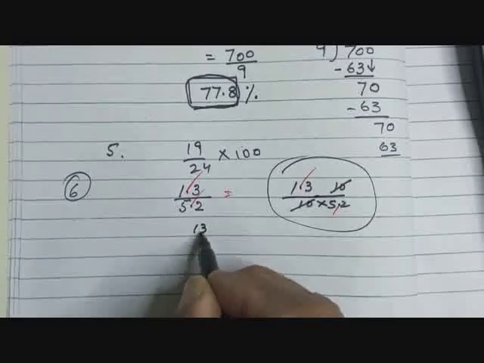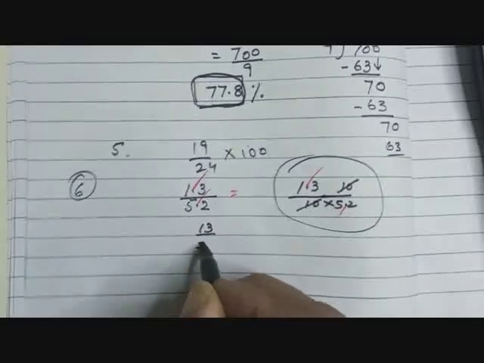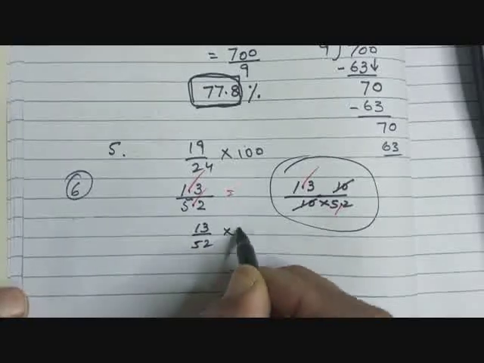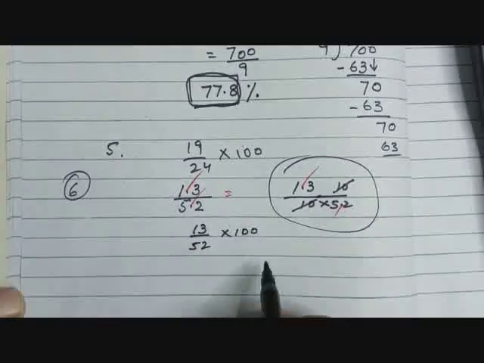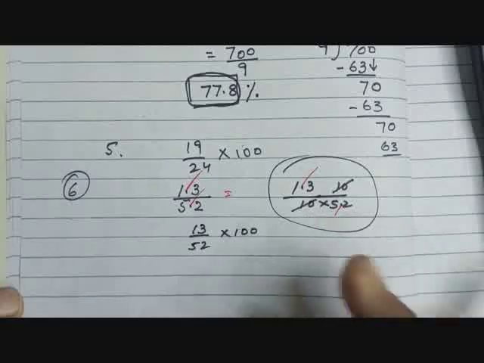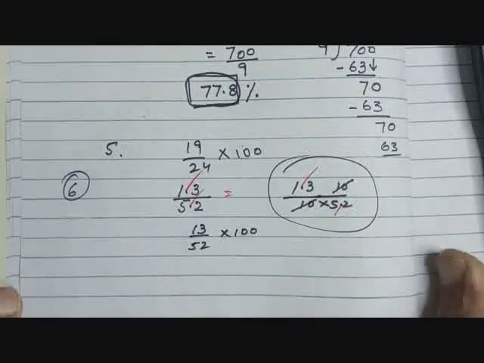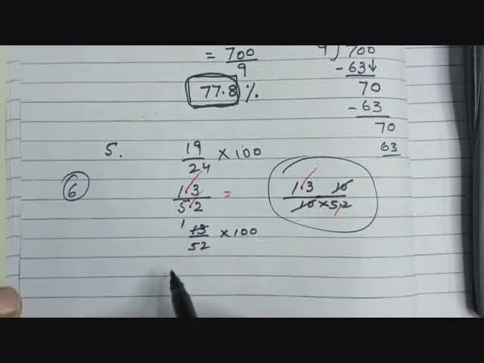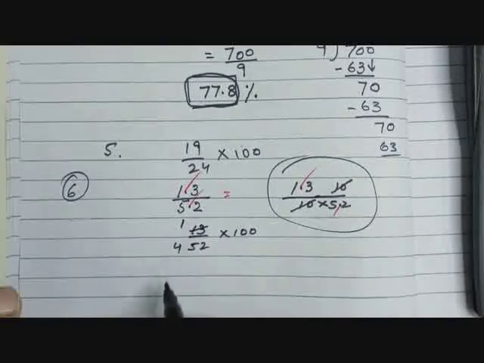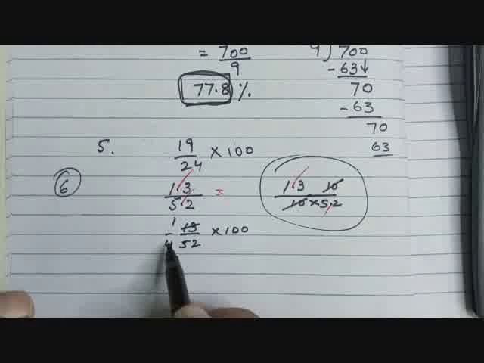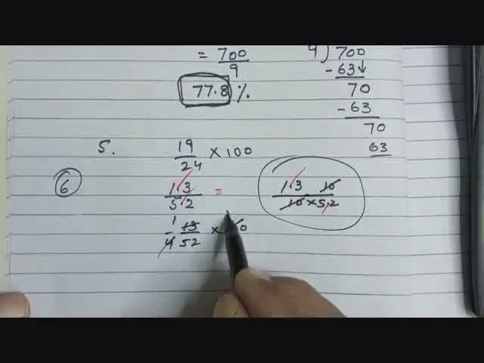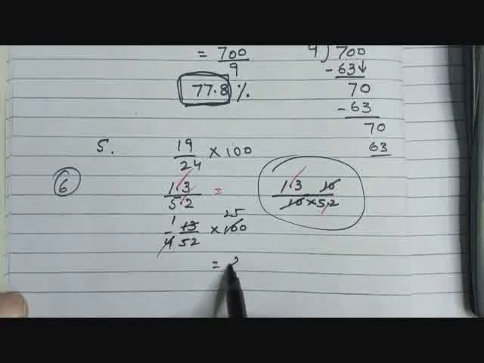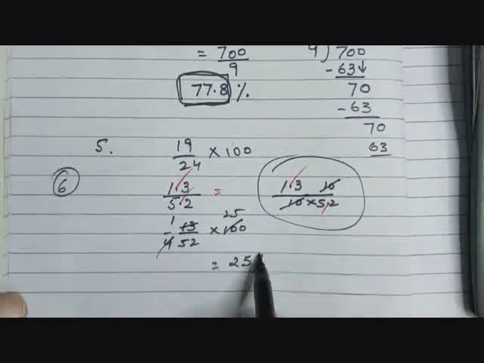So 13 divided by 52 has been left over, and we also have to multiply it with 100. 13 4 times is 52, and 4 25 times is 100. The answer must be 25%.